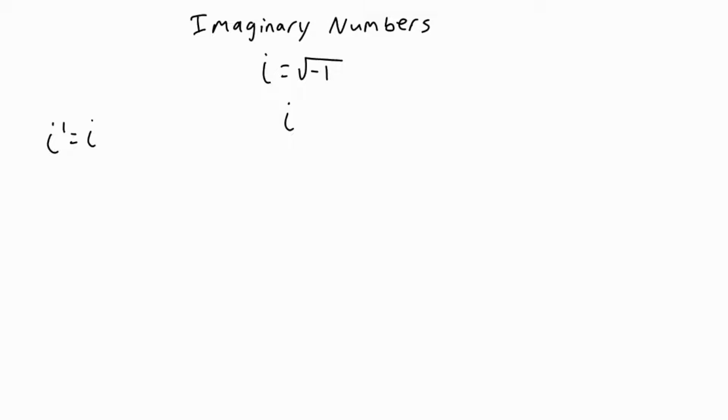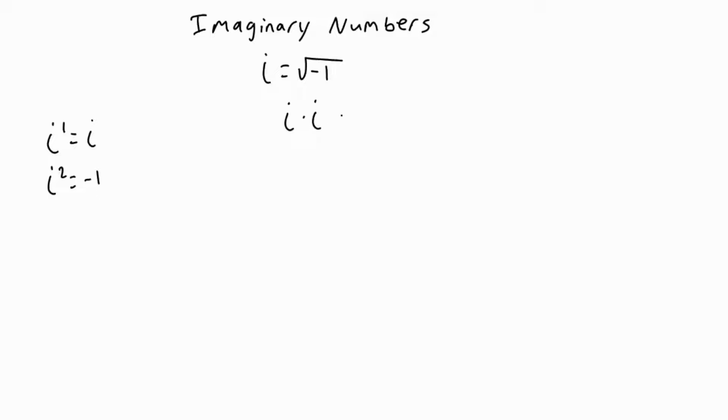Now, what if we say i squared? Well, we've got i times i. You are multiplying it by itself, you're squaring it. If you square a square root, that will give you what's under the square root. The square and the square root will cancel to leave negative 1.